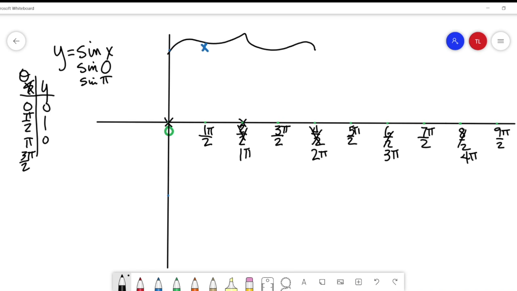Now, 3 pi over 2, what's the sine of that? Pardon? -1. So this blue is my -1. I'm going to guesstimate about, where is it? Right there? All right, then what's the next one on my list? 2 pi. Yeah, we're back home, what I call it. You're back at 2 pi.